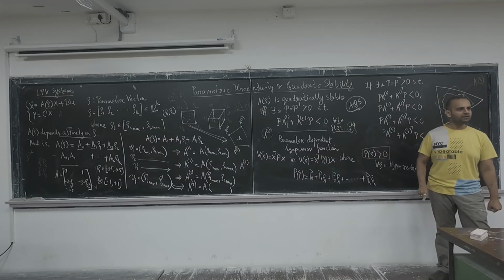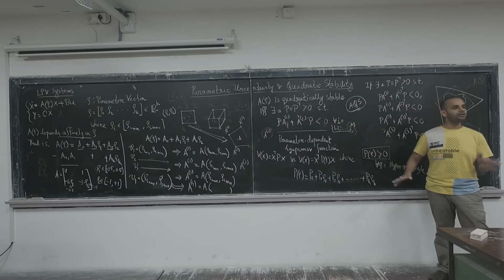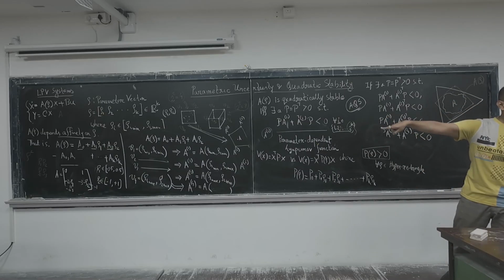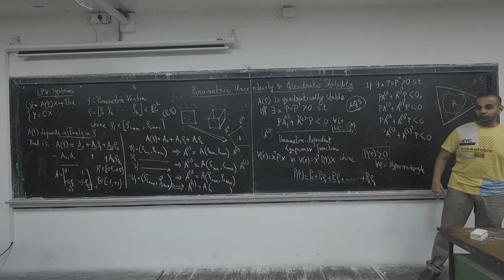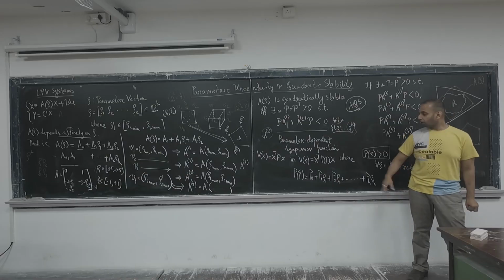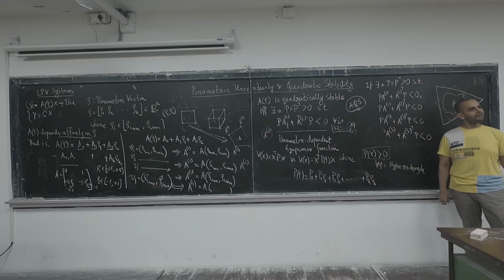This P of rho means this structure depends affinely on the parameter rho. Earlier I wrote A rho, now exactly in the same fashion we can write P rho. So this is going to be your Lyapunov function P. So now how many unknowns? P0, P1, P2 up to Pk.